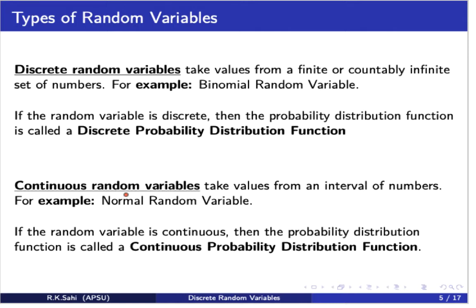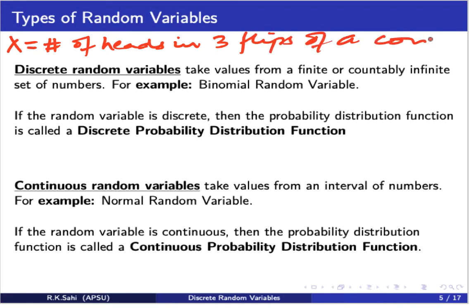Now, discrete here says that we can easily count those values. For example, 3 flips of a coin. We said let x be the number of heads in 3 flips of a coin.